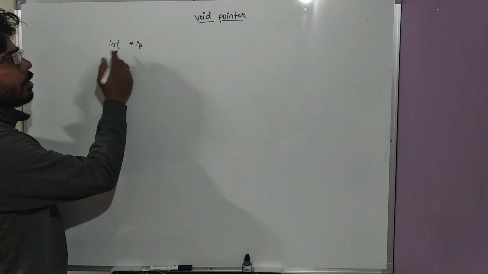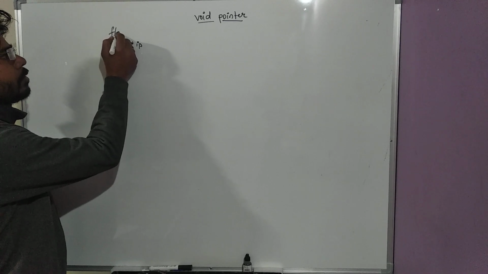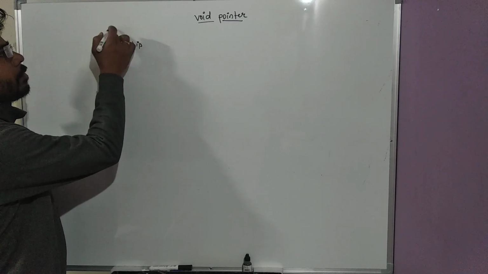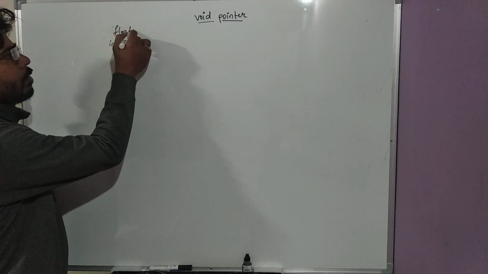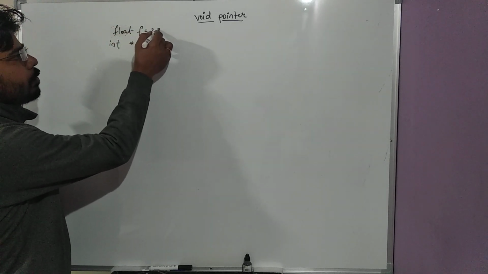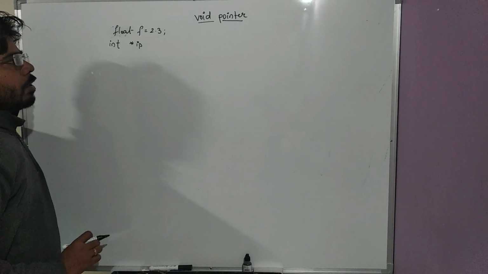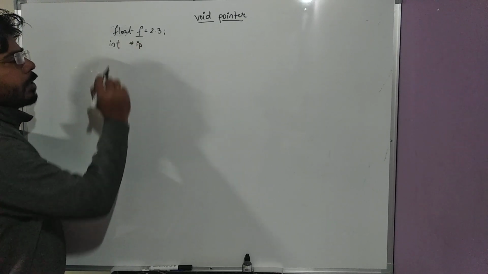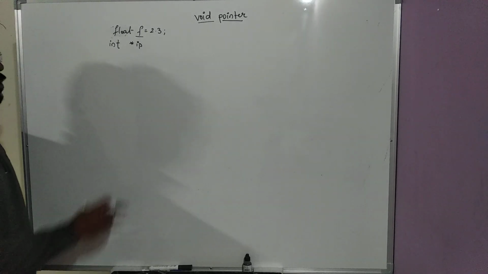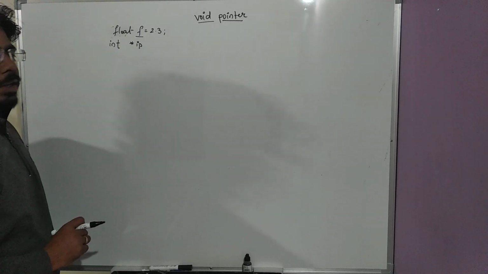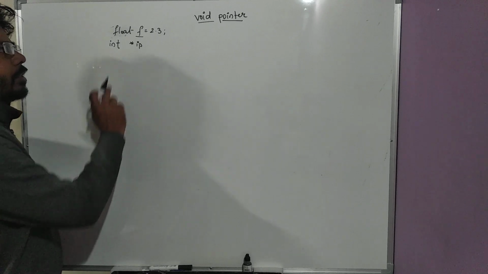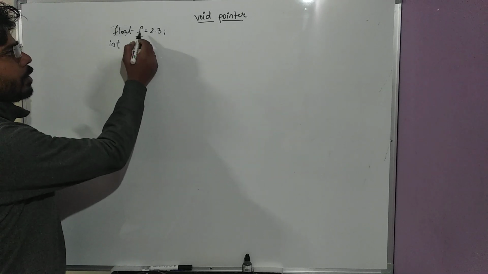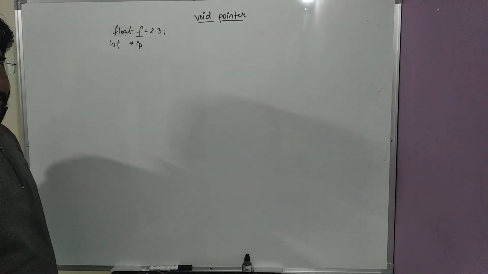For example, I have a float variable f is 2.3. If you try to pass the address of this float variable to this integer pointer variable, then this may generate some error. Okay, so we cannot do this in a normal pointer case.